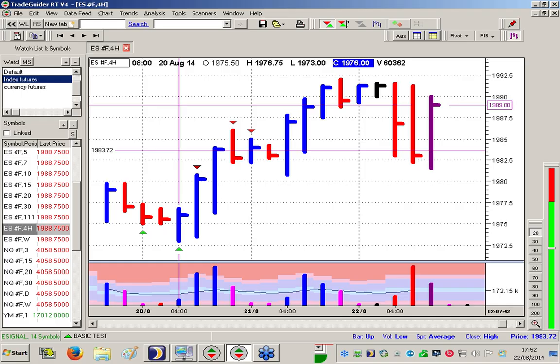The volume will be very high. It'll probably close in the middle, and the news will be very, very good. Whatever the news is, it's going to be good.